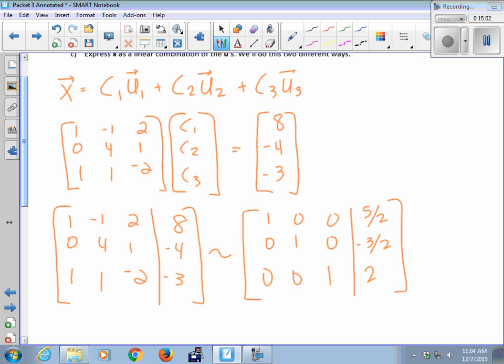So those are the weights, that's c1, c2, and c3. Okay, so that's the one way to do it. We already knew how to do that.